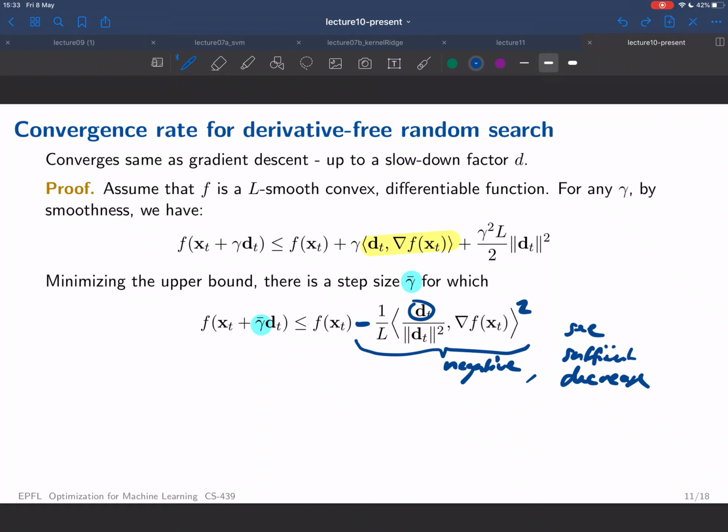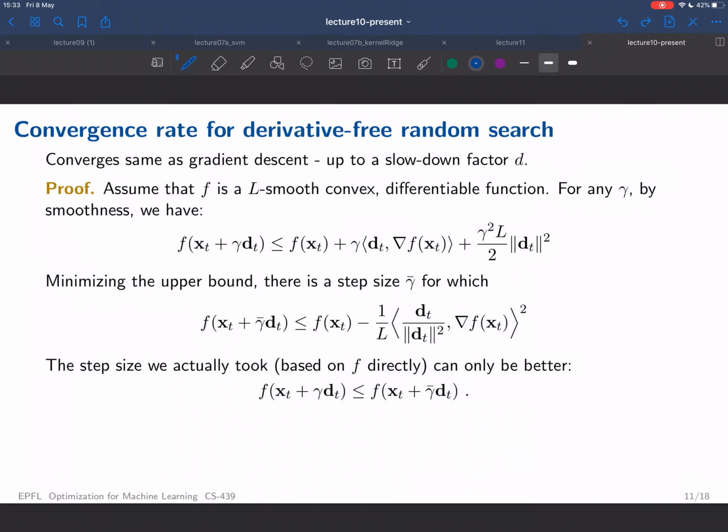This sounds interesting, and I'm telling you, it's very similar to sufficient decrease, but it's a smaller quantity than the one you get from sufficient decrease, because sufficient decrease only holds for the true gradient direction, and here we're not using the true gradient direction, we're using a random direction D. So this is what you would get for this hypothetical gamma bar, but the one I actually took is going to be better than this one.